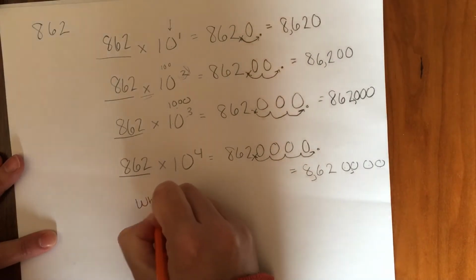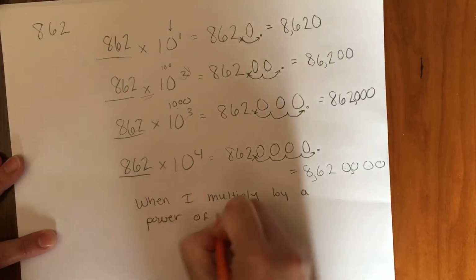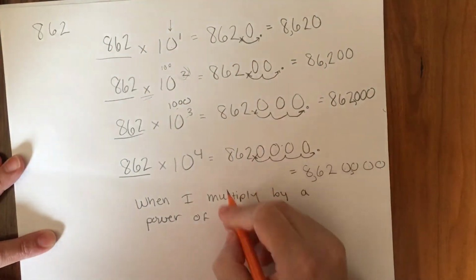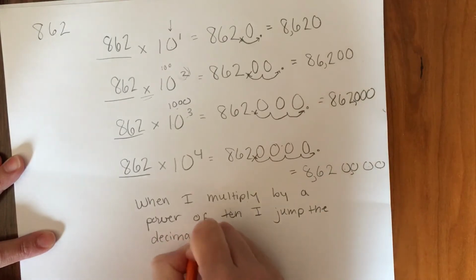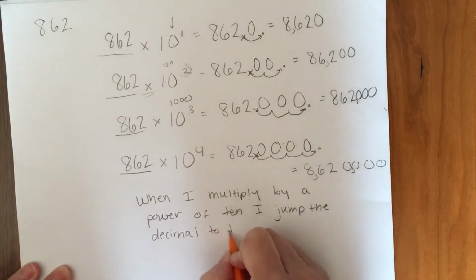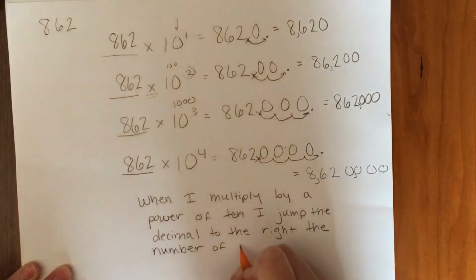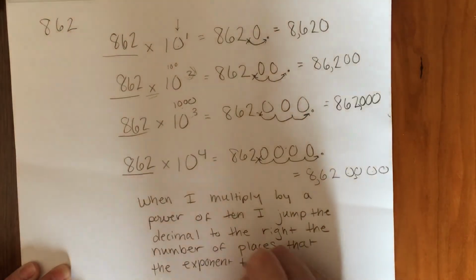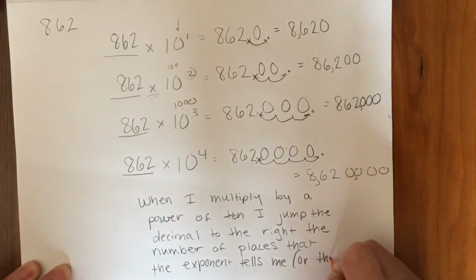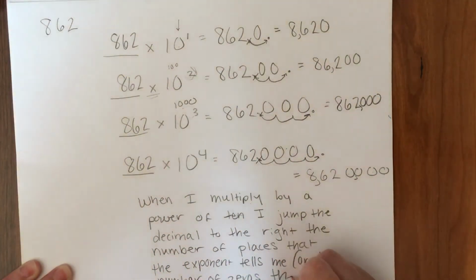So the problem said use that number to complete the series of problems. So we did that. It says then explain the pattern. So when I multiply by a power of 10, I jumped the decimal to the right, the number of places that the exponent tells me, or the number of zeros the power of 10 has.